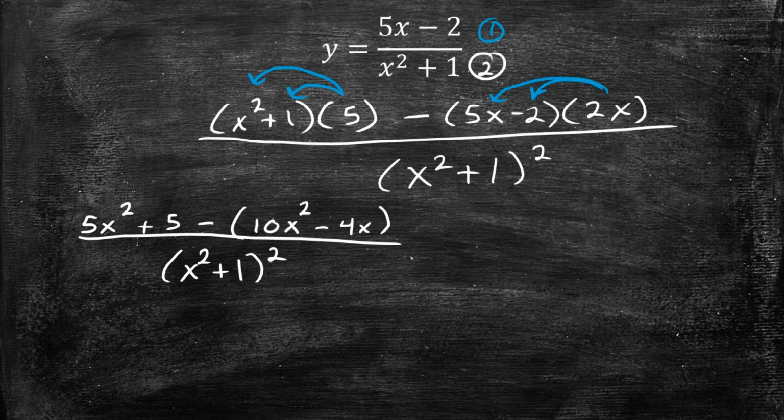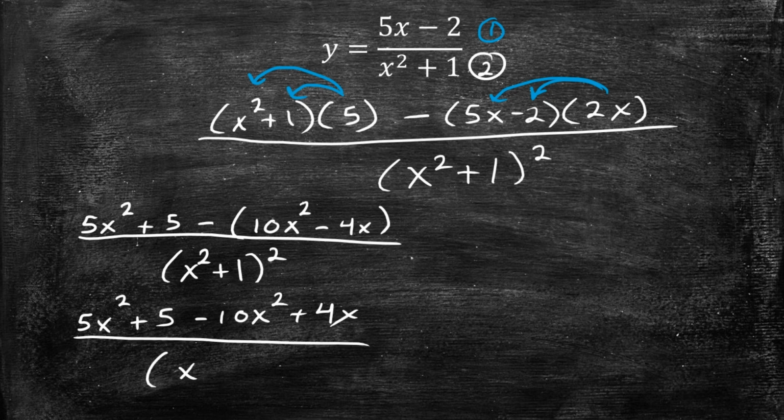Let's simplify further. So we have 5x squared plus 5 minus 10x squared plus 4x all over x squared plus 1 squared. I just distributed the negative sign to both of those numbers there.